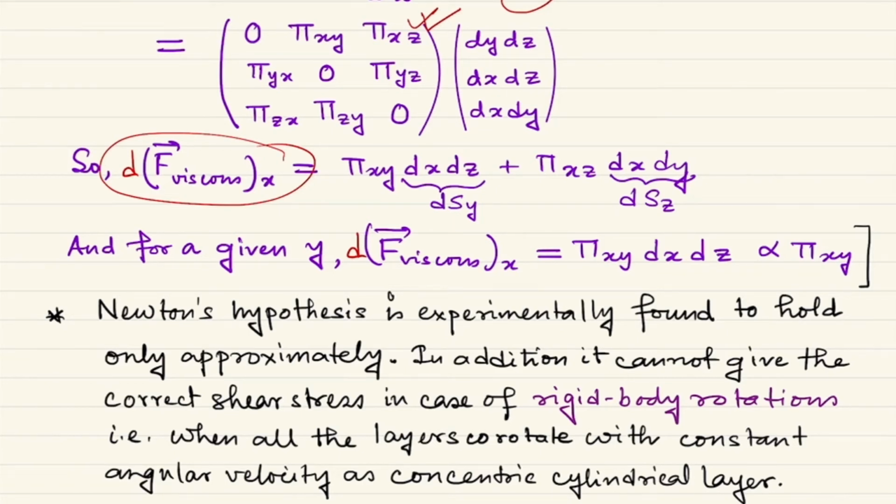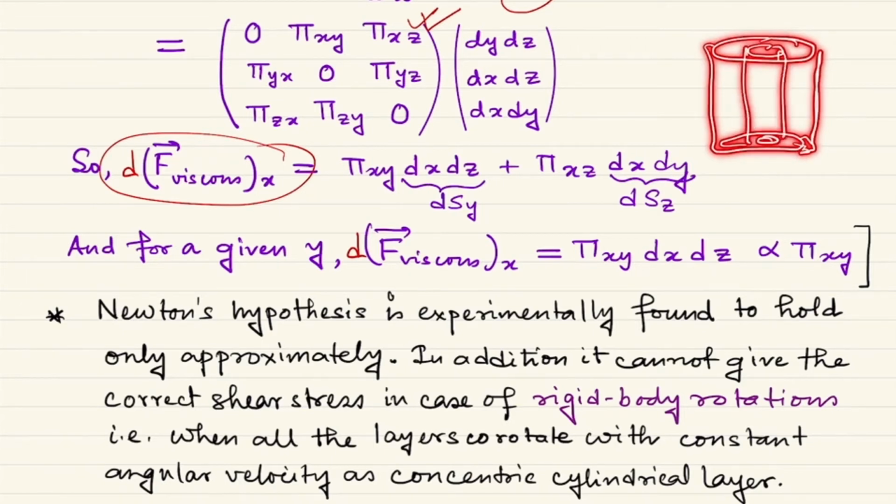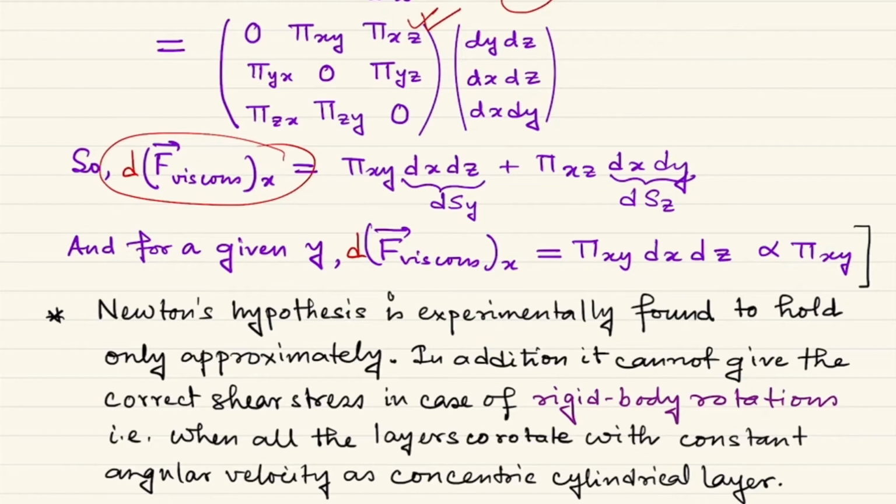rotating, and actually if the fluid is rotating following a rigid body rotation, that means all the layers of the fluid, just now think of an imaginary concentric cylinder, and the fluid is actually rotating in concentric cylinders. And with constant angular velocity, that means although they have different linear velocities, they don't have any relative angular velocity, so they do not have any relative angular motion with respect to the other.